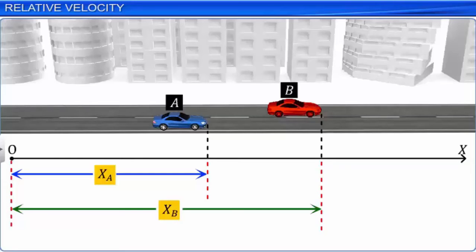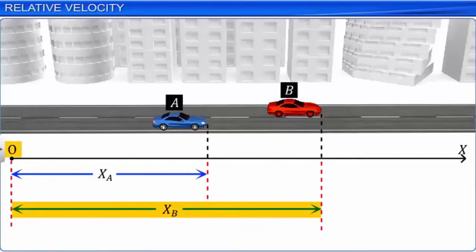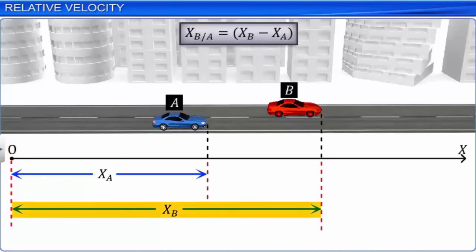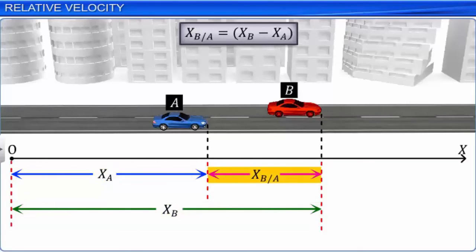This implies that A is at a distance xA with respect to origin O, and B is at a distance xB with respect to the same origin O. This implies that the distance is measured with respect to the fixed point O, which is the origin. xB minus xA is the relative position coordinate of B with respect to A and is denoted by xB/A. When both A and B are moving, we take the distance at a particular instant.